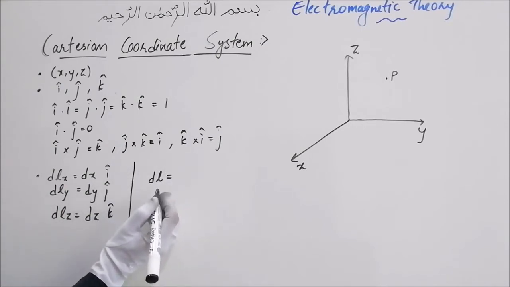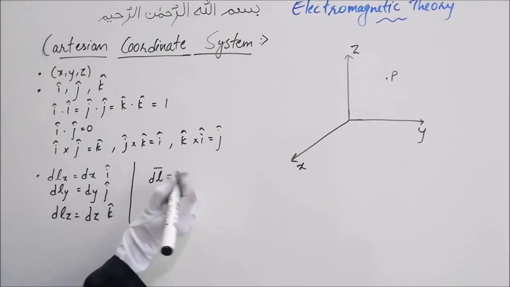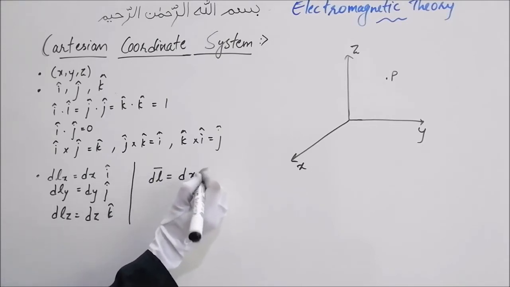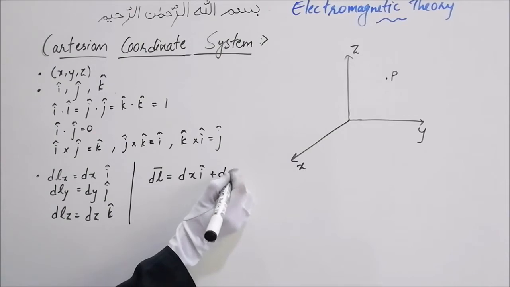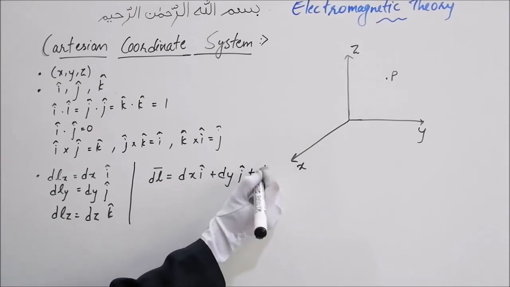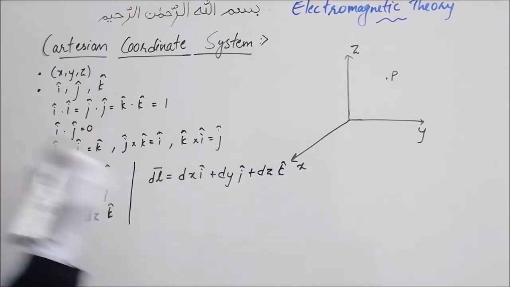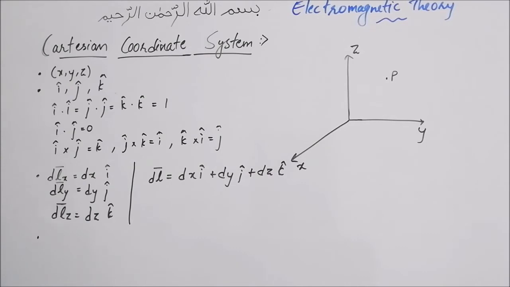So we can generally write dl bar will be equal to dx i hat plus dy j hat plus dz k hat.